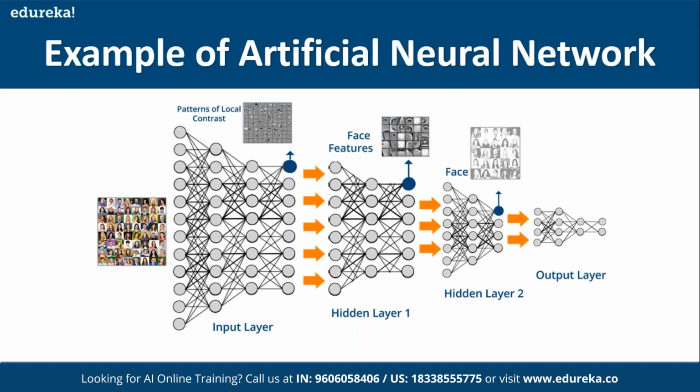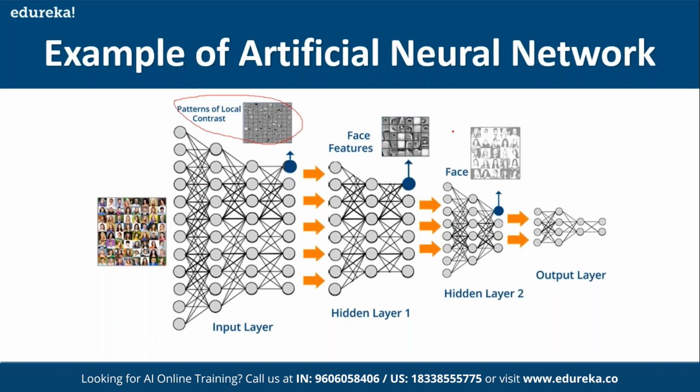You first try to identify the various faces, which is the patterns of local contrast, because in a group photo there can be multiple other objects, there can be people, there can be benches, there can be sky, it could be outdoor, it could be indoor. So basically you first try to concentrate on the faces, which is patterns of local contrast.